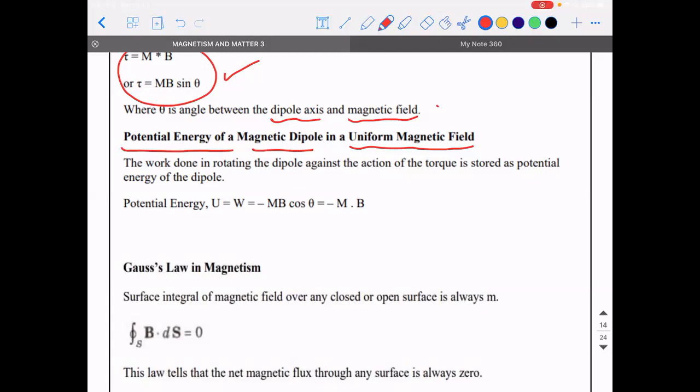Minus P dot E. Minus P vector dot E vector, or minus PE cos theta. Right? It is minus PE cos theta.